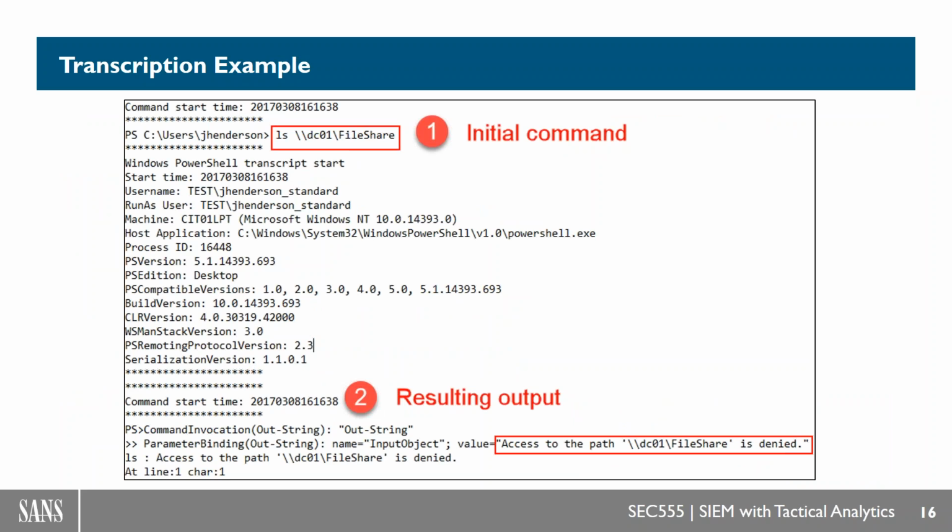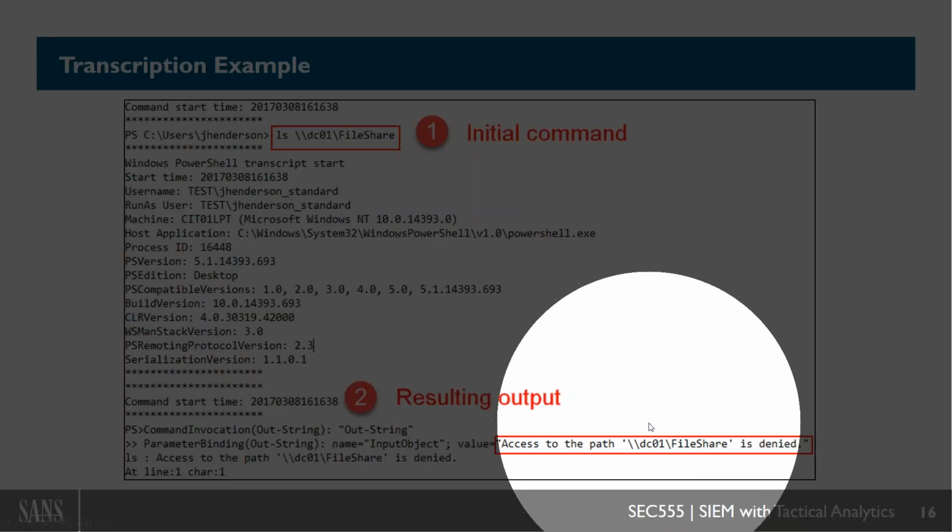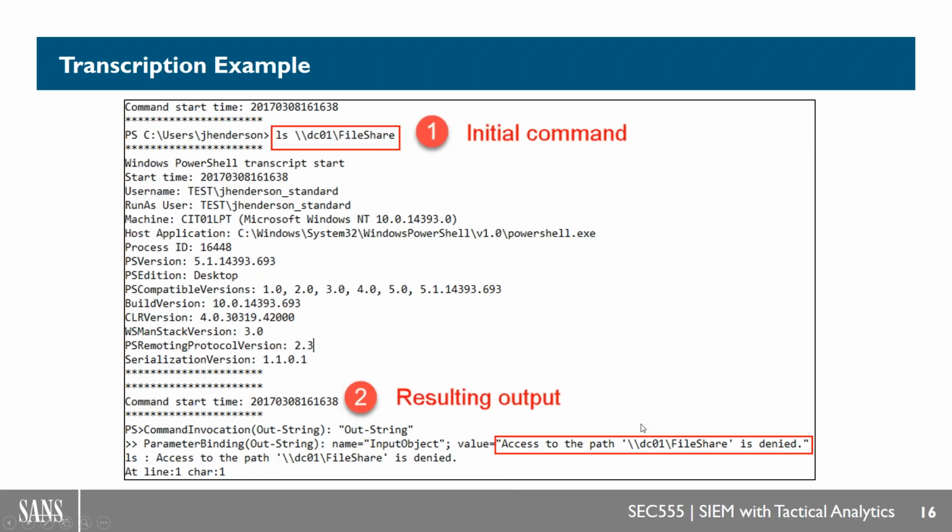In this example, Justin's running an ls for the DC01 file share, and he specifically ran a command that would fail, so you could see that the command failed. So you see down in the resulting output, access to the path DC01 file share is denied. So now we can see both the input and the output. This gives us greater visibility into our environment, and this allows us to understand what's going on.